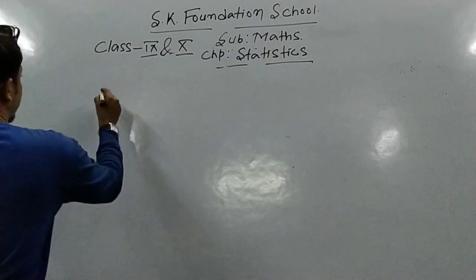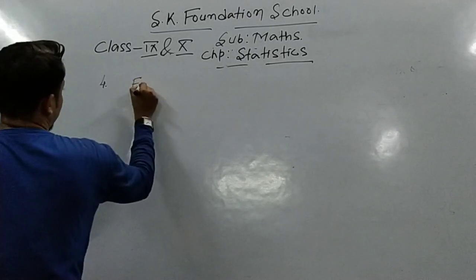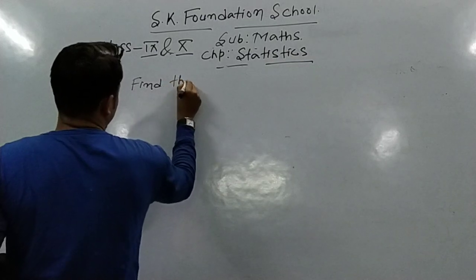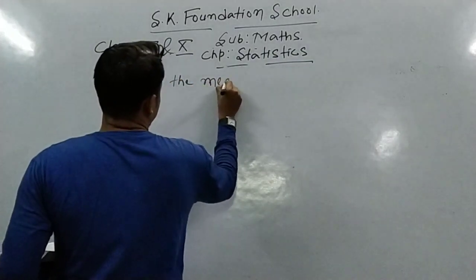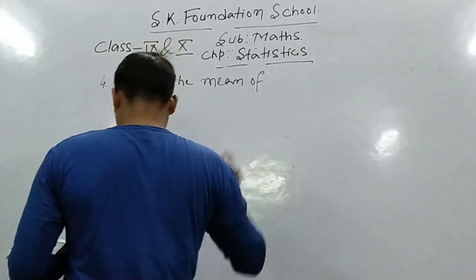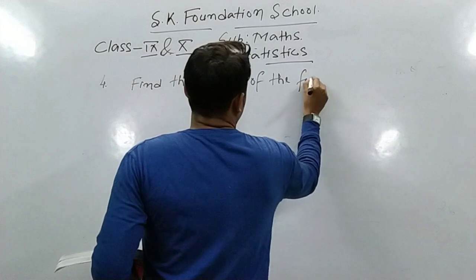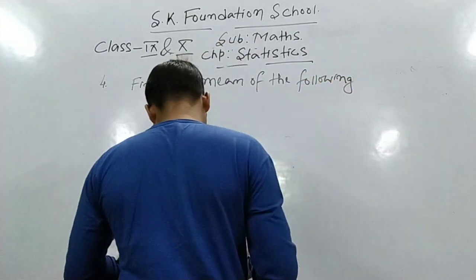So example number 4 or sum number 4: find the mean of the following distribution.